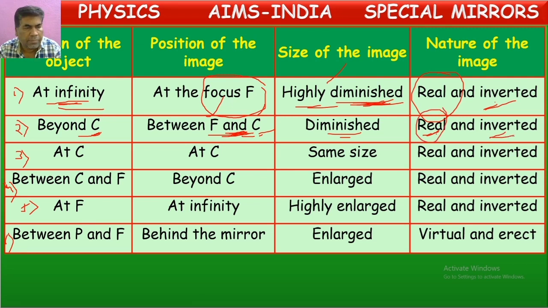Real and inverted. Okay. Next, when the object is at C, the image is also formed at C. What will be the size? Same size. Object size and image size will both be the same.